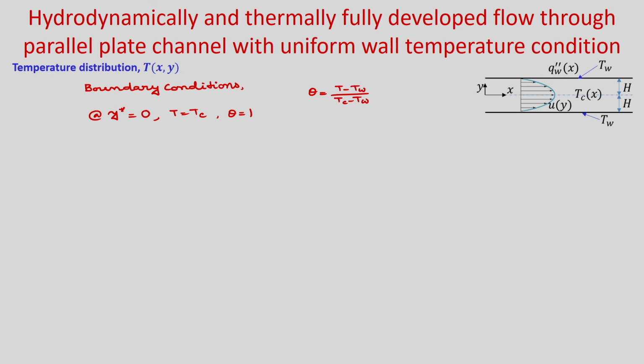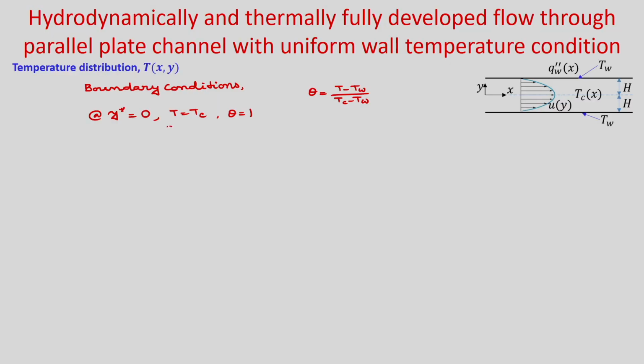Again you see that this problem is geometrically symmetric as well as thermally symmetric, because both the walls are maintained at constant wall temperature Tw, and from the center line both the plates are separated at a distance h. So, it is geometrically symmetric and thermally symmetric. So, maximum or minimum temperature will occur at the center line.